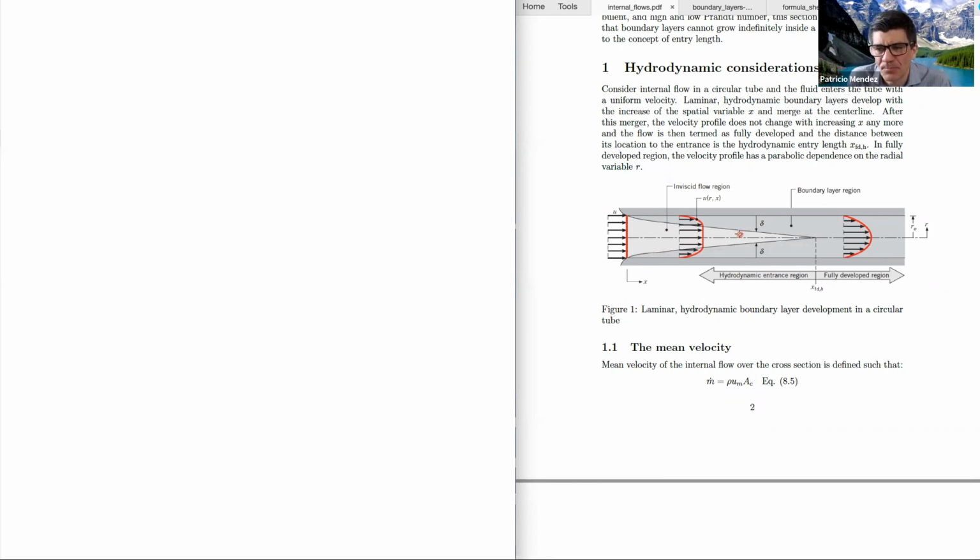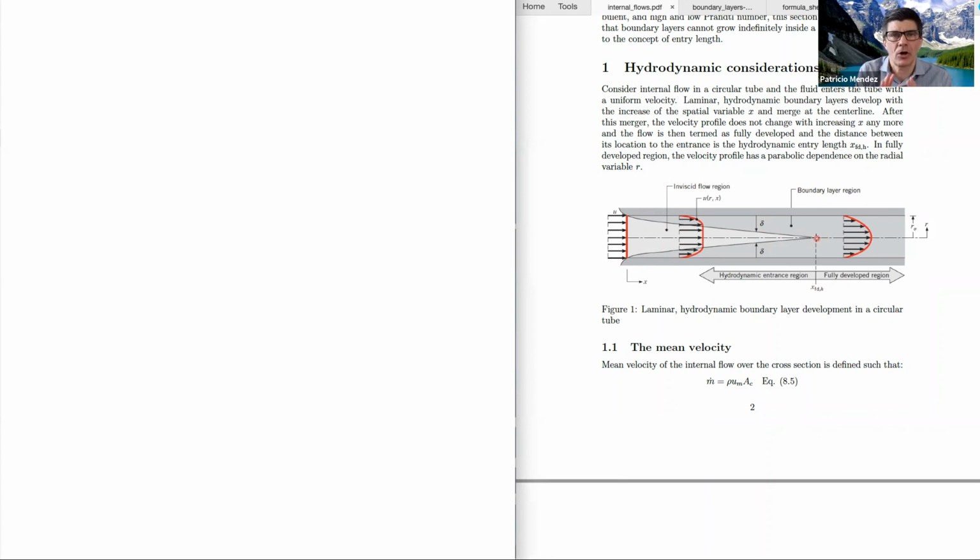But guess what? In a pipe, that doesn't happen because the boundary layer grows and grows. But on the other side of the pipe, and that's why it's an internal flow, you have an opposite side. You also have a boundary layer that is growing and growing. It gets to a point at which they cannot keep growing because they impinge on each other.